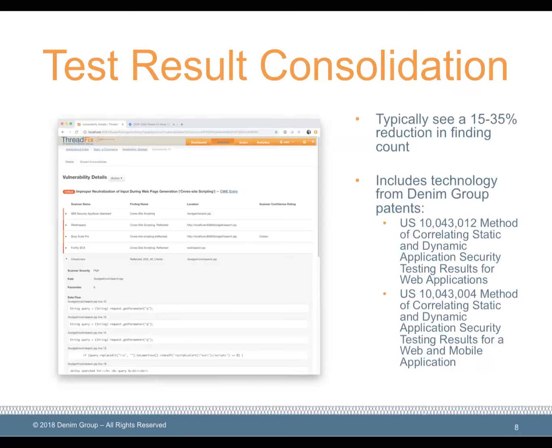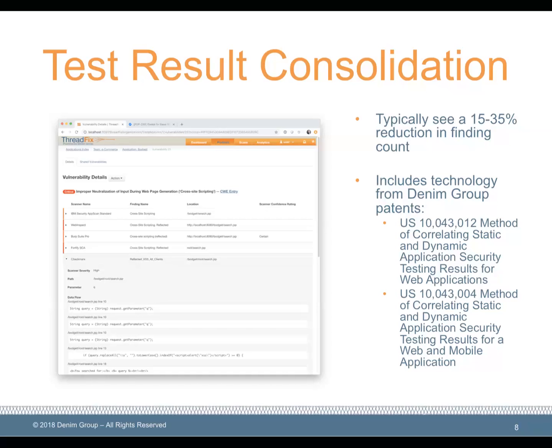As you do this analysis looking at the application from different angles, pulling all that data into one central place and normalizing and deduplicating the results provides your security analysts with a smaller set of results. And where we've been able to combine results, identifying that these are different pieces of information about the same vulnerability, the analyst has a richer set of information to make triage decisions. Is this a false positive or a true positive?